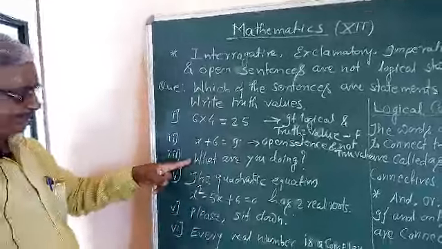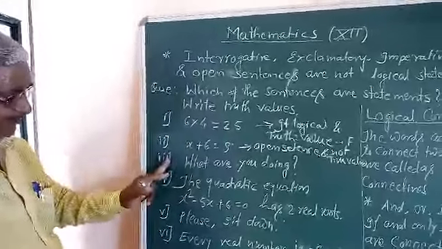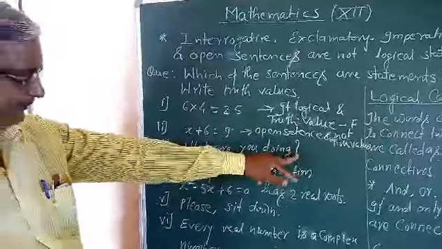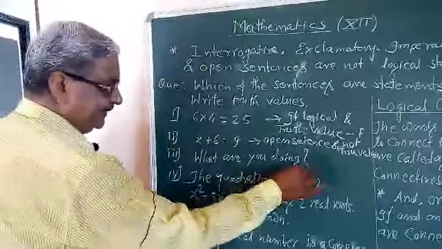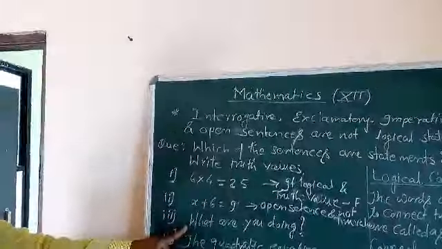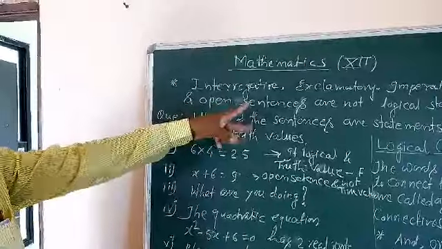Then the third example. Here a question mark is given, and it is very easy. It is an interrogative sentence, and interrogative sentences we have already written above.